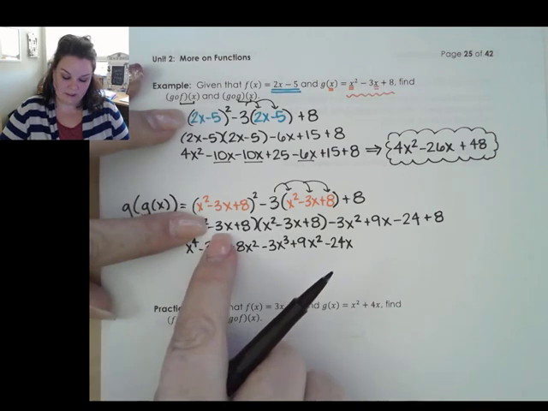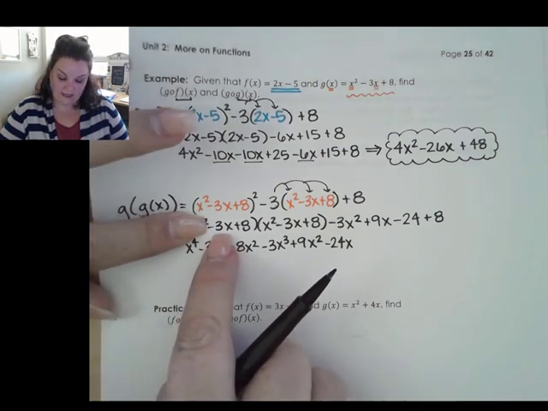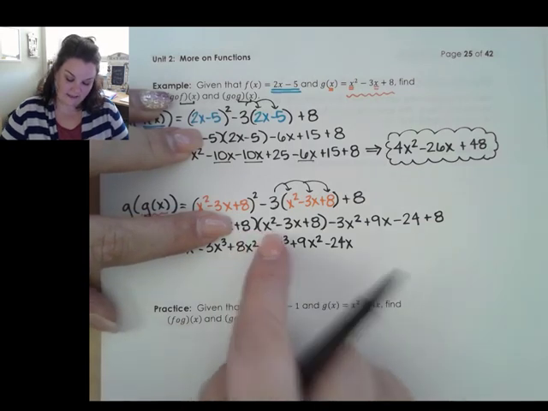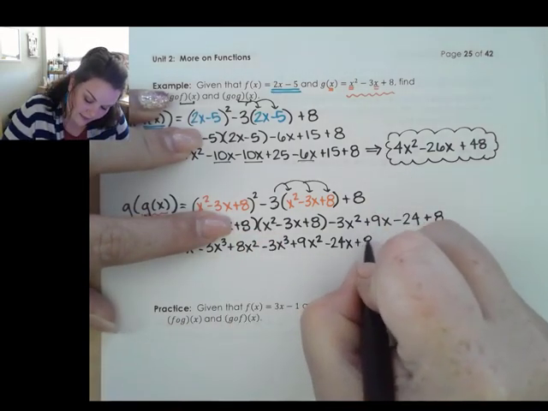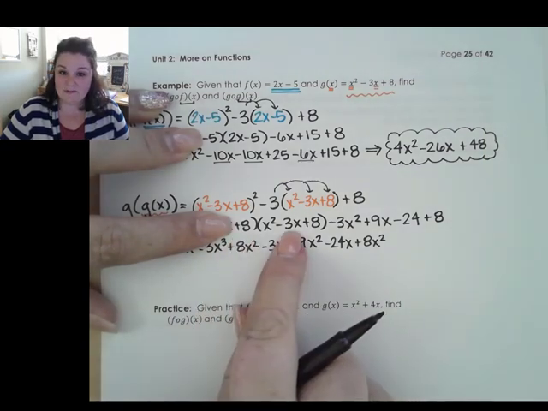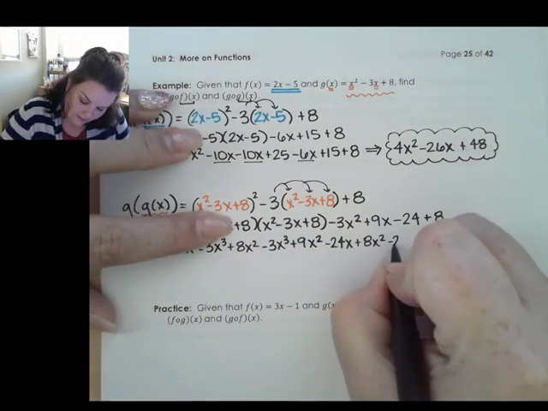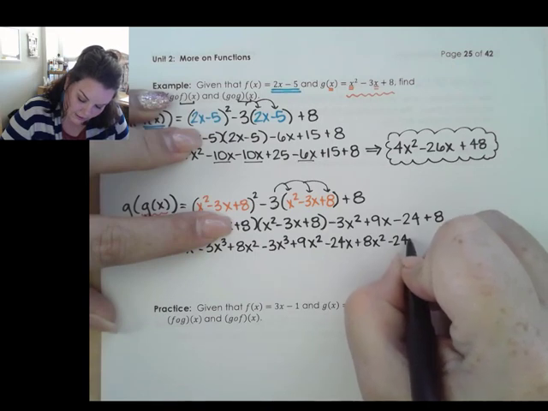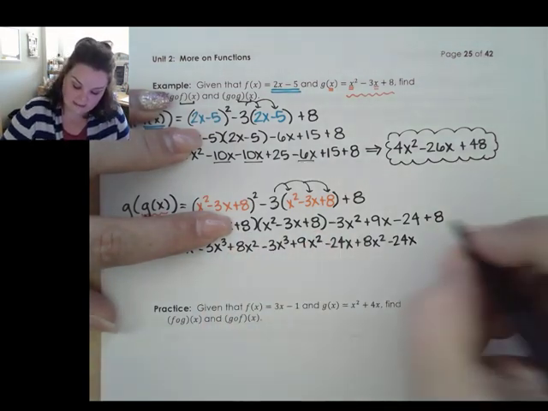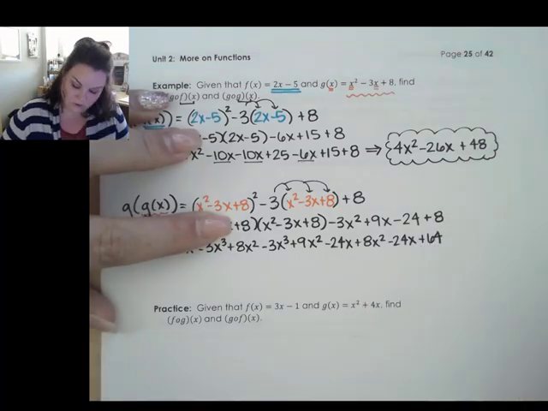And now I'm done distributing the negative 3x, and I'm going to move on to the positive 8. So positive 8 times x squared is a positive 8x squared. Positive 8 times negative 3x is negative 24x. And positive 8 times positive 8 is a positive 64.